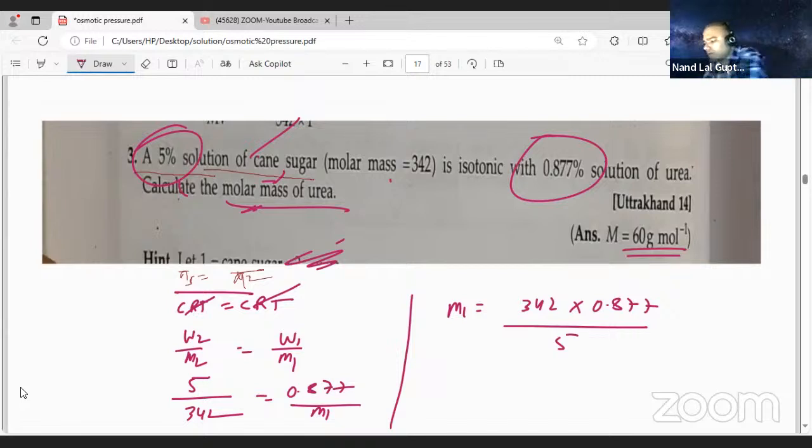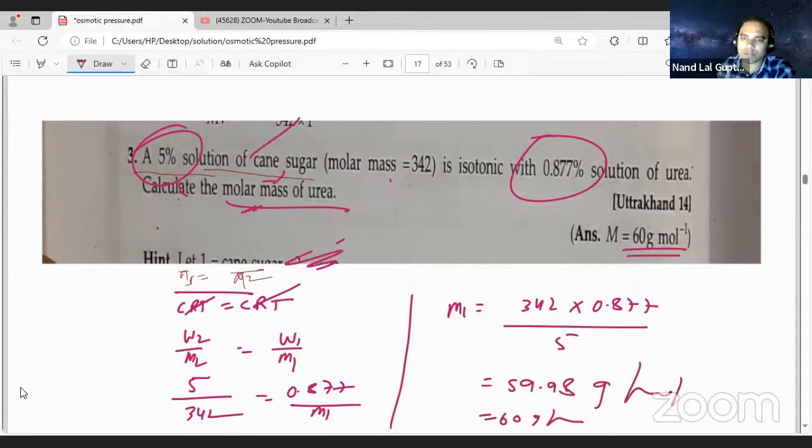To divide it, we have to use the calculator here actually, because there are decimal numbers. So 342 multiplied by 0.877 divided by 5. So 59.98 gram per mole is coming. In round figure it is going to be 60 gram per mole. So the molar mass of urea is confirmed now.